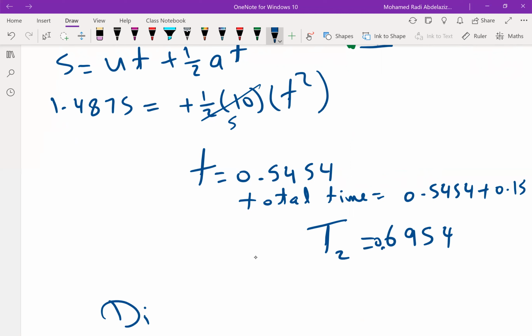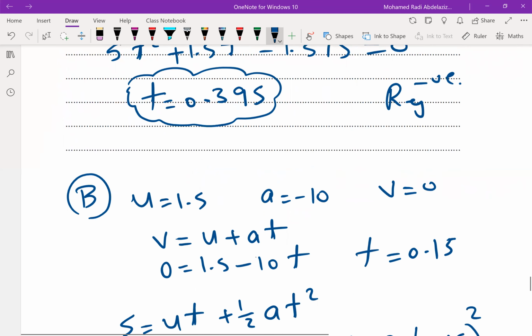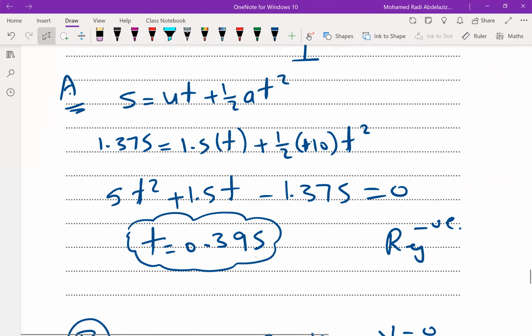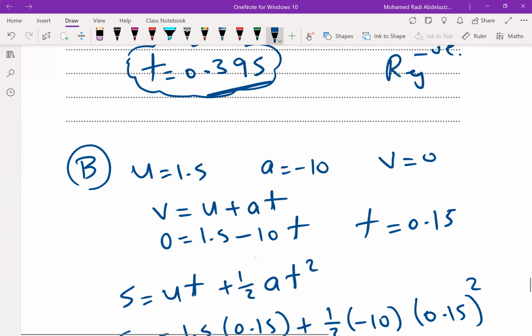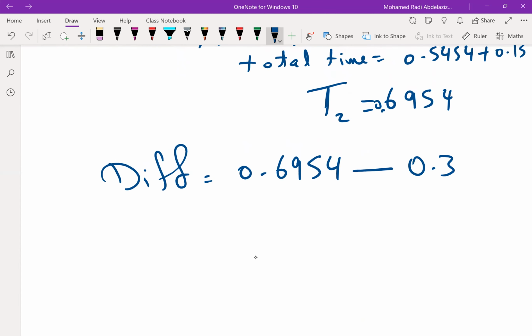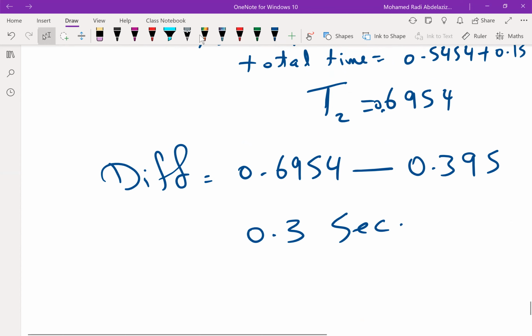He asked to get the difference in time: 0.6954 minus the time found for the first particle to reach the ground, 0.395. So the final answer is 0.300. Corrected to 3 significant figures, the difference in time will be 0.3 seconds. That's it. Thank you.